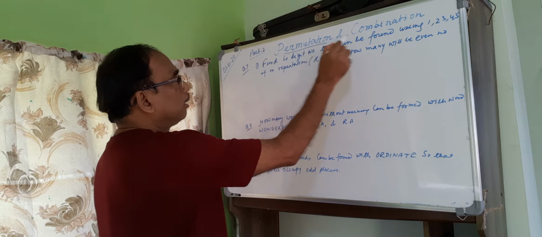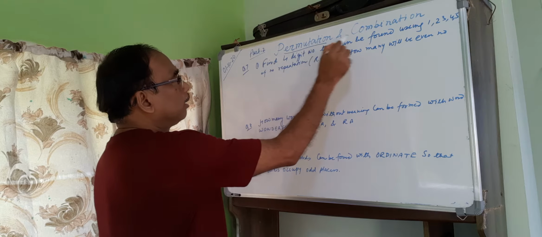We can take 1 flag, 2 flags, 3 flags, 4 flags, 5 flags. When one flag is used, the number of signals equals 5P1 ways, that is 5 ways.